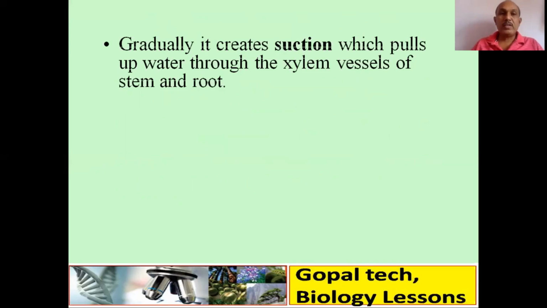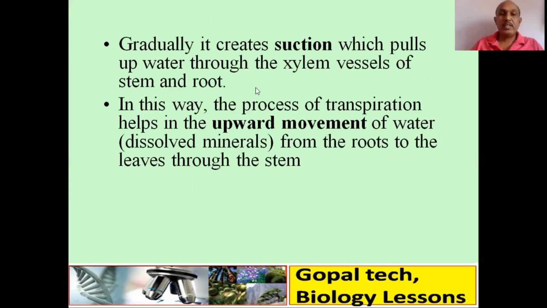So again there is a water difference. Gradually it creates a suction pressure, that is negative pressure, which pulls up water through the xylem vessels of stem and root. In this way, transpiration helps in the upward movement of water along with dissolved minerals from the roots to the leaves through the stem.